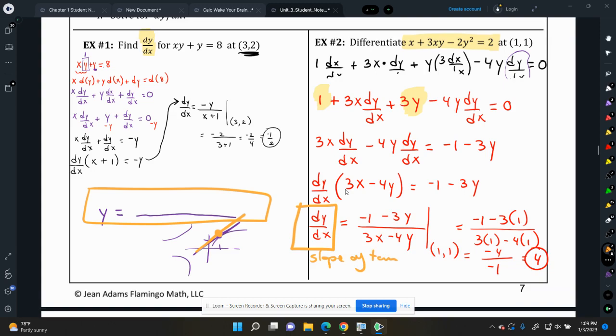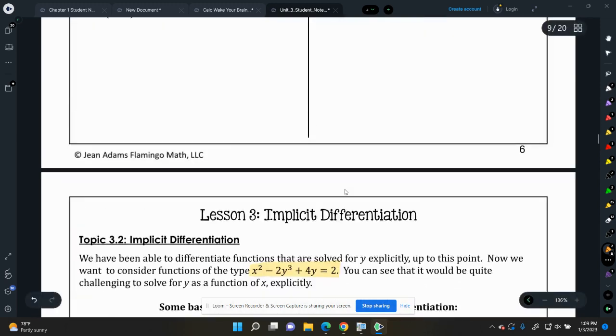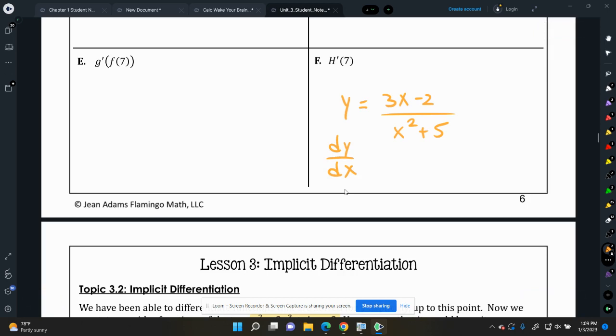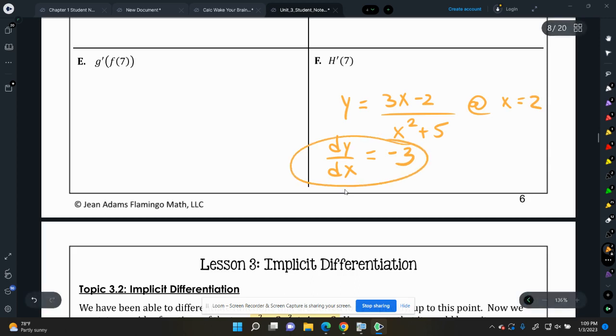What we've been doing before, when we had things like y equals 3x minus 2 over x squared plus 5, and you were asked to find the derivative, you were finding dy dx, the derivative of y with respect to x. And at, let's say, x equals 2, you were getting some number. This was giving us the slope of the tangent line at this point for that equation.